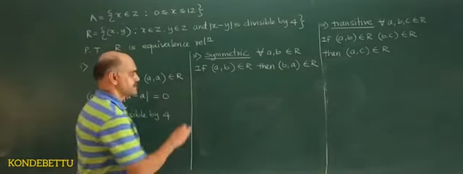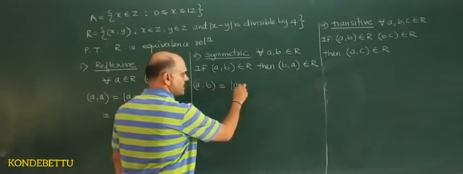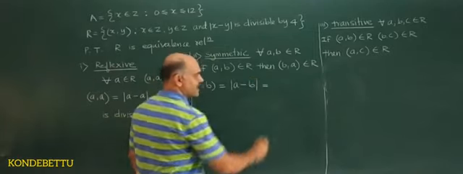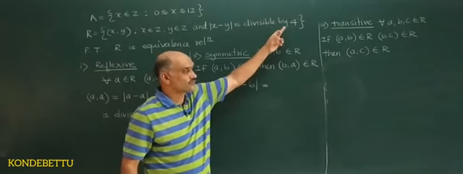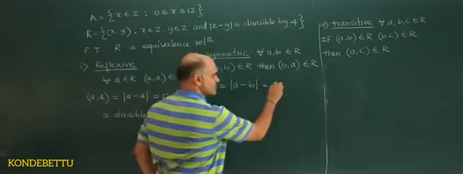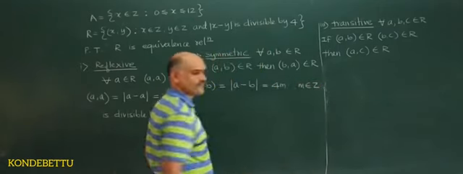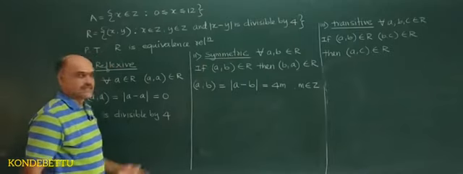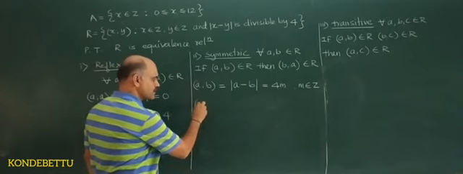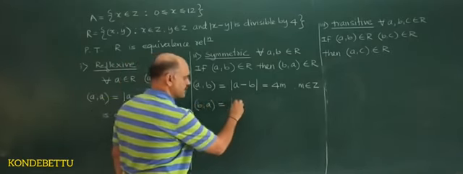Similarly, if I take symmetric, so a comma b will be equal to mod of a minus b. So mod of a minus b, here I am required to take, very good, 4m, because he has told divisible by 4. So 4m, where m belongs to z. Now you are required to show that this is also divisible by 4. So b comma a will be written as mod of b minus a.